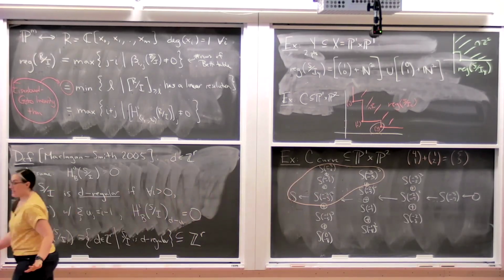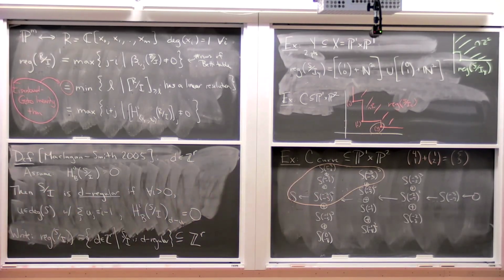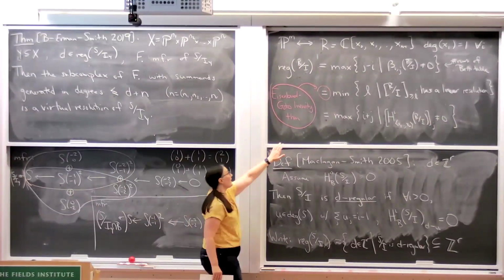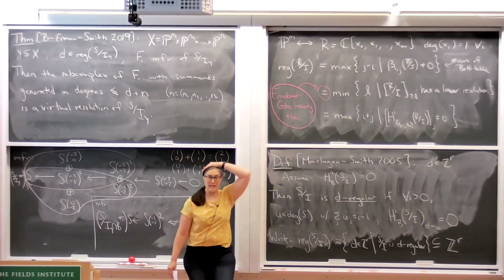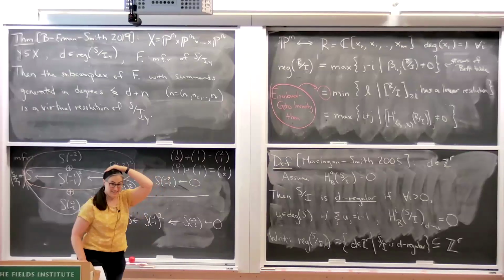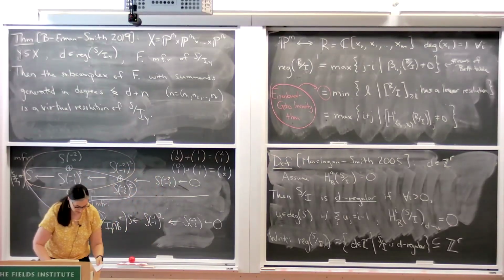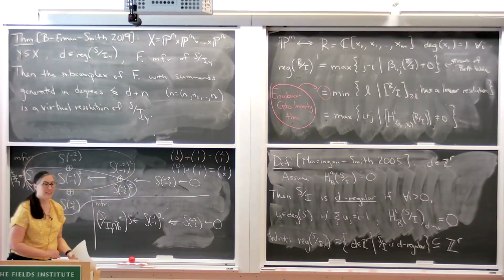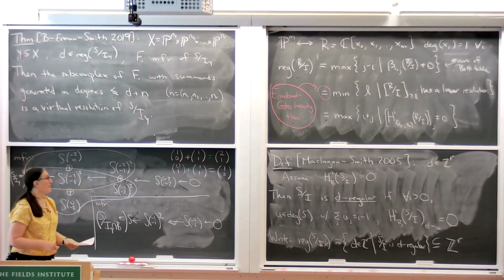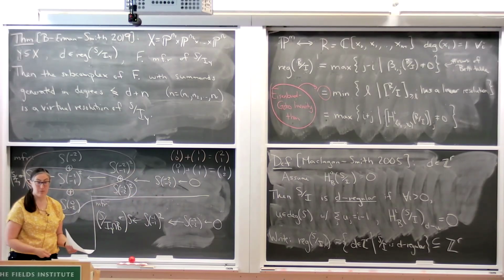All right, so there's one more thing I want to tell you about, and that is this: what the heck should linear be in this setting? I'm going to tell you the answer by pictures. The Koszul complex on the variables is linear for projective space.